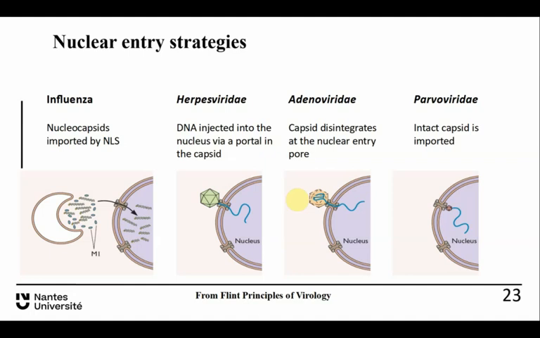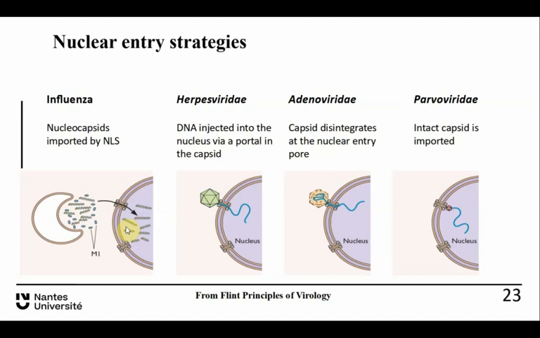And the way it gets in is that the nucleocapsids carry a nuclear localization signal in their proteins, so they get imported by the alpha and beta importins. So they just take the normal import pathway. And the size of the nucleocapsids is small enough to go through the nuclear pore, because they're these elongated helical capsids.